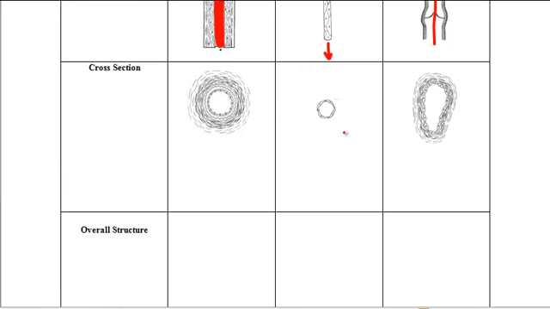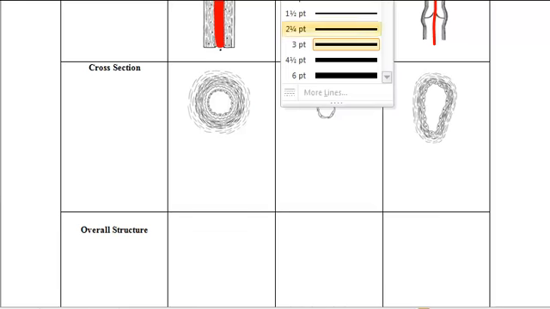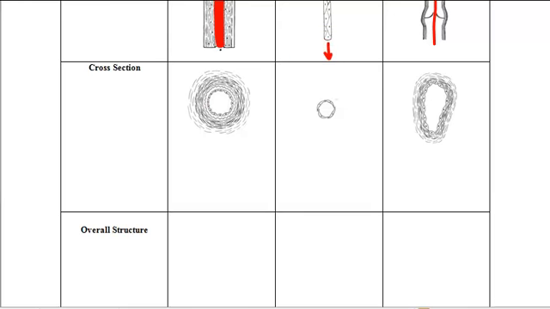Here we have the cross-section, and one thing about this cross-section is the capillary is not to scale. This capillary is much, much smaller than the veins and the arteries. For arteries, if we're looking at the diameter, arteries are typically approximately 2 centimeters to approximately 0.5 centimeters in diameter.